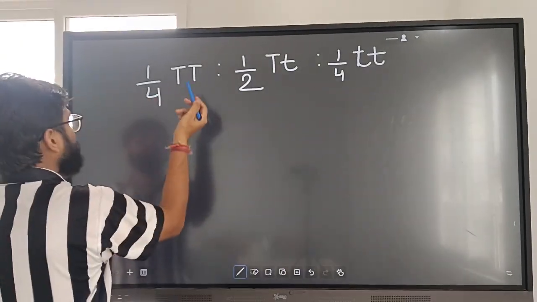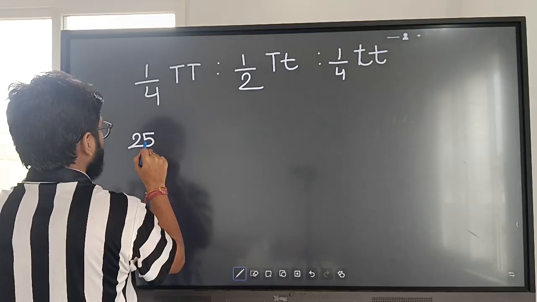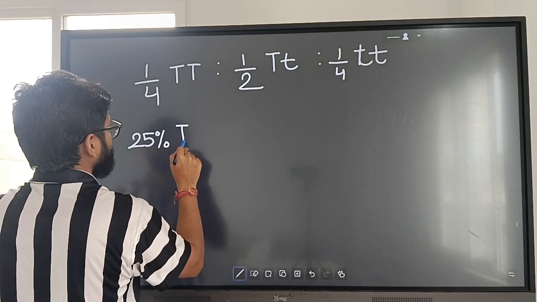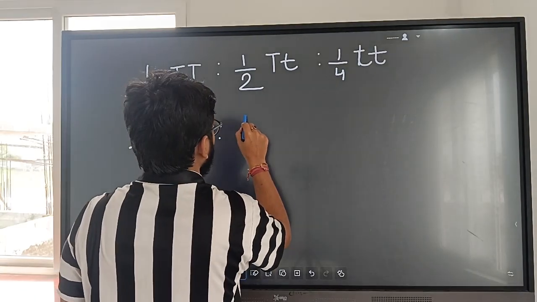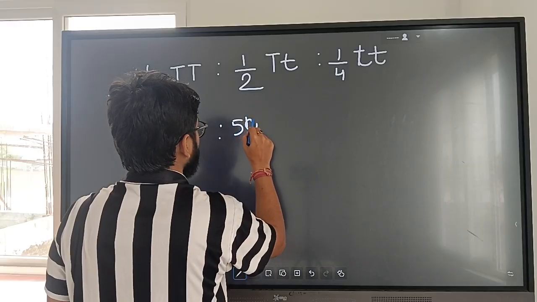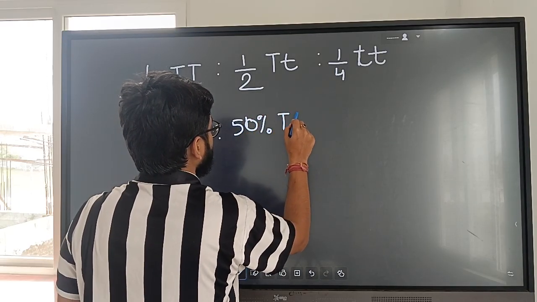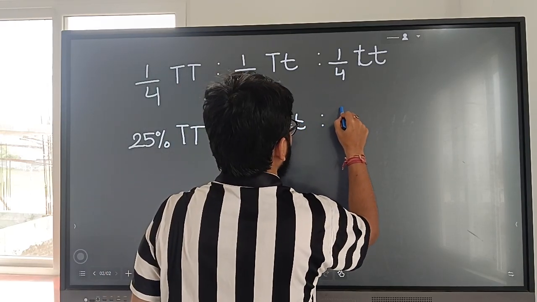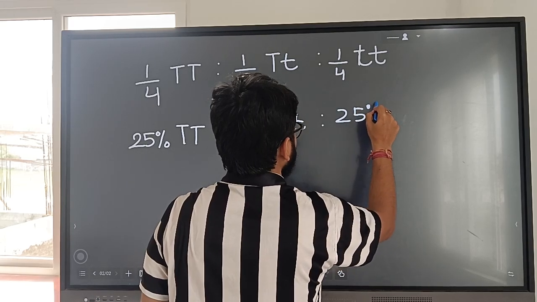1/4 can be simply written as 25%. This is always 50%. And this again is 25%.